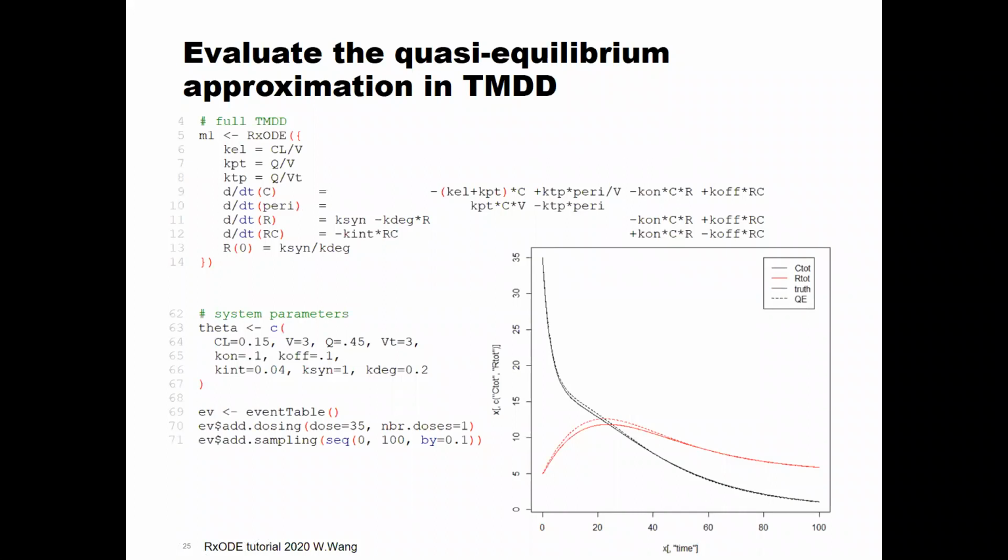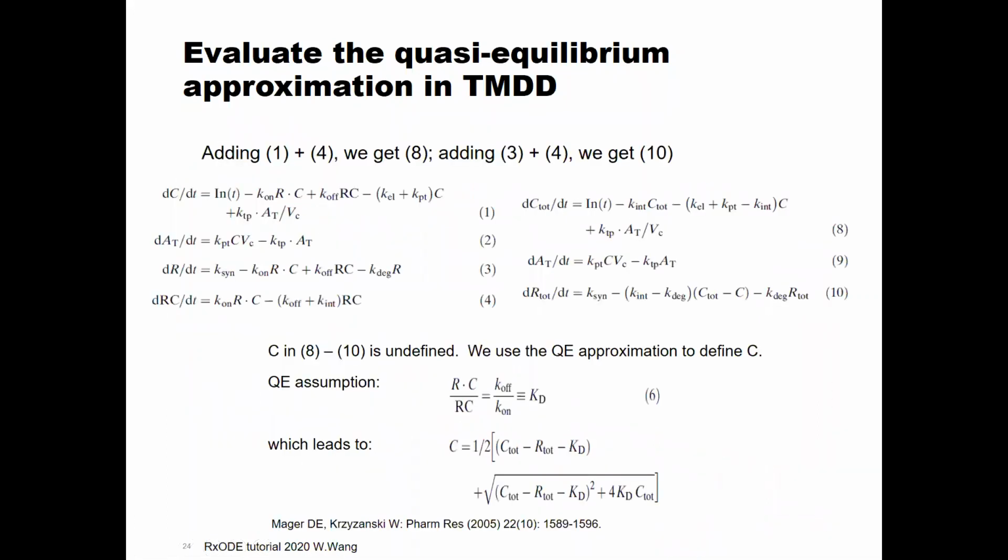I want you to see how good the quasi-equilibrium approximation is. So here on this slide, I showed you this full TMDD. Based on this full TMDD and this differential equation here, as well as the QE assumption, what would be your drug concentration C?